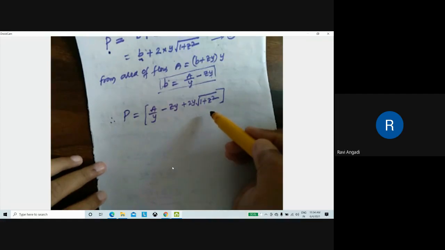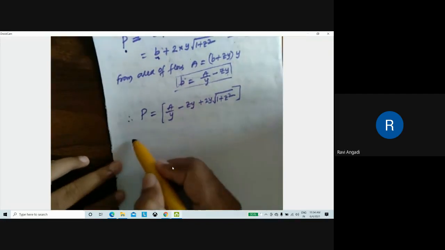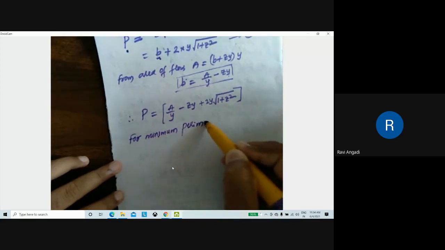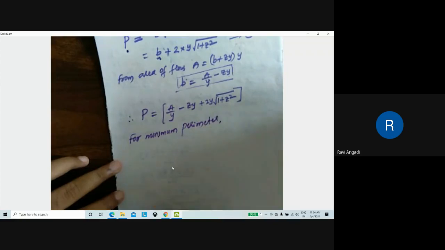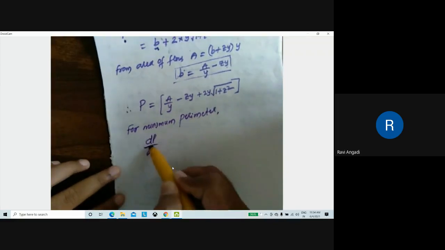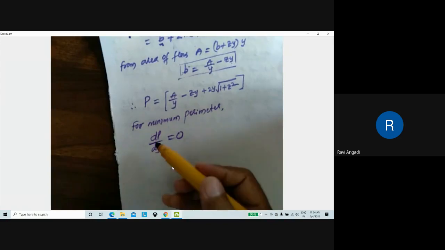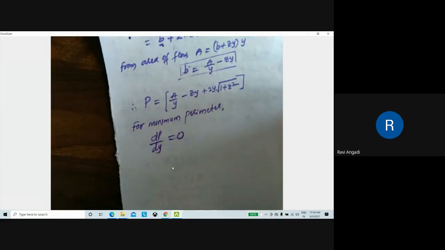Now, what you have to do is, for minimum perimeter, that is a condition to get maximum discharge, shall I write dp by dy equal to 0? Exactly. dp by dy is equal to 0. For maxima also, for minima also, in mathematics you all know dy by dx equal to 0. Yes or no? Have you studied the maxima and minima chapter?